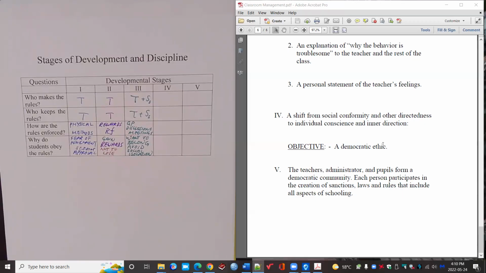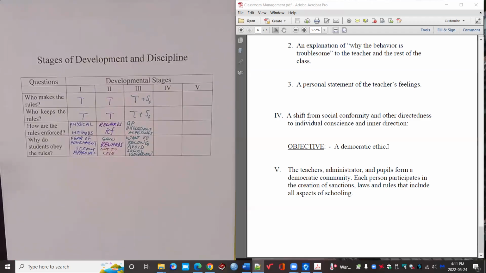So the objective is to create a democratic ethic. Okay? So self-governance and direction provide the scope for individuality and autonomy toward rules and laws. So legal standards regarding rules and laws are adopted. So all in all, this one here is a combination of Kohlberg's stage 4, 5, and a little bit of 6. Right? Okay, so let's take a look.